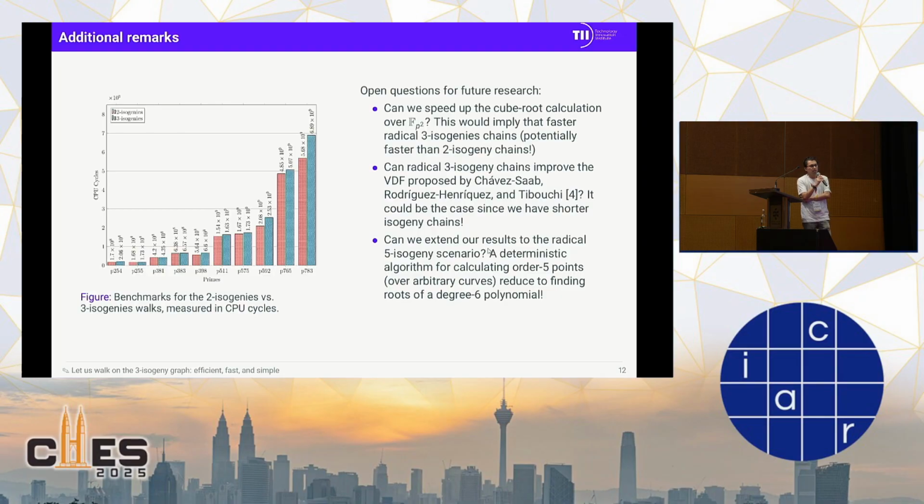I see. But because of the shape of the primes, it surely can be sped up. Yeah. Do you have any extrapolations on how much that usually is?